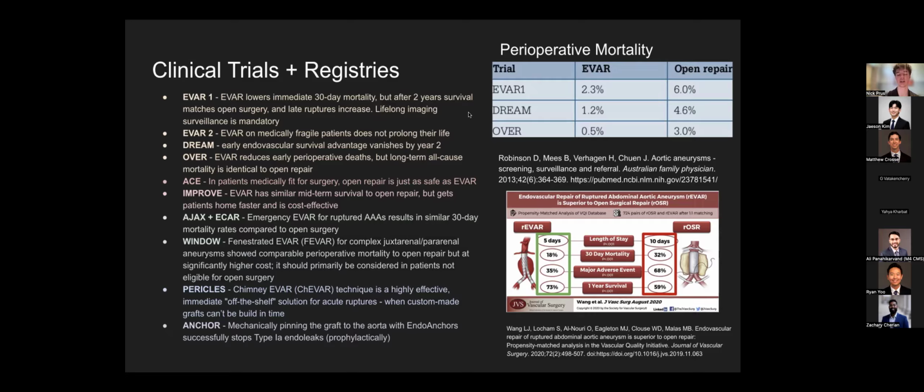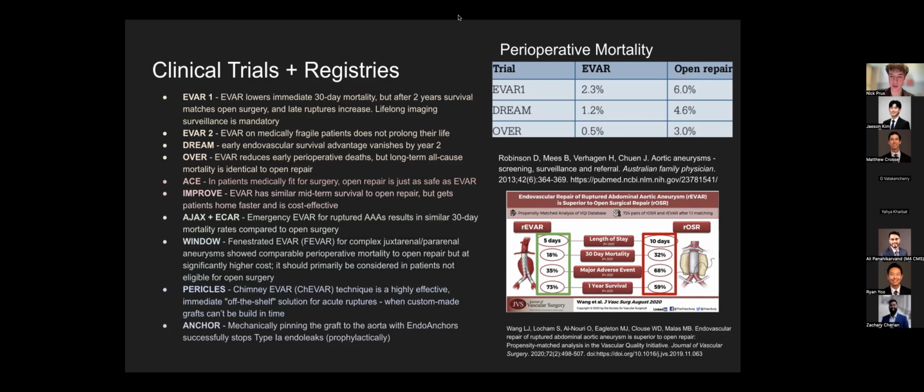And then ANCHOR showed that mechanically pinning the graft to the aorta with endo anchors successfully stops type 1A endoleaks prophylactically. So if there's a good landing zone and anchors are deployed and they're flush with the graft and the artery itself, then it decreases the chance of blood rushing back into the sac itself.